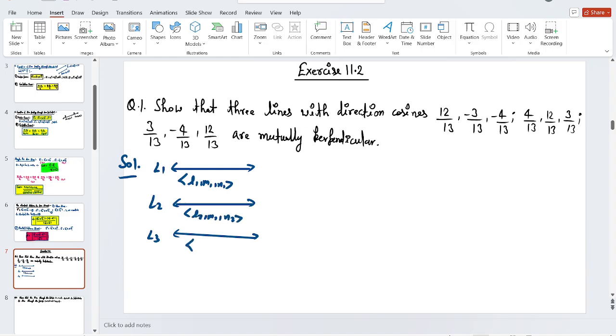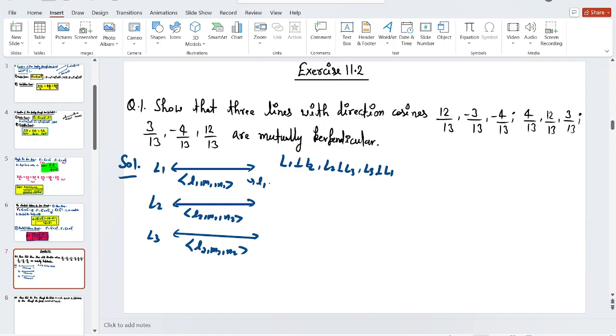We need to show that L1 is perpendicular to L2, L2 is perpendicular to L3, and L3 is perpendicular to L1.